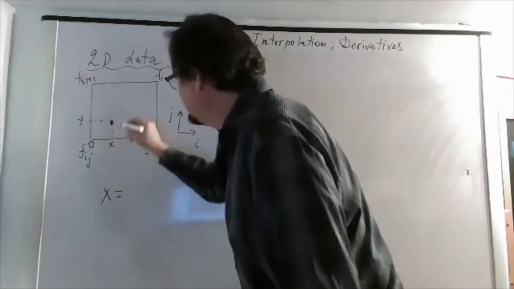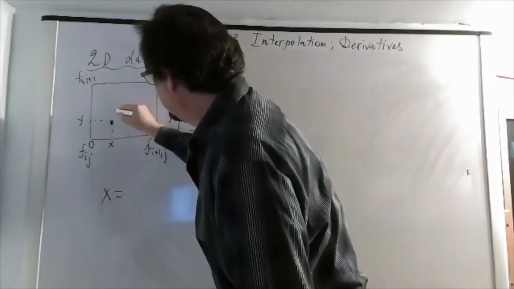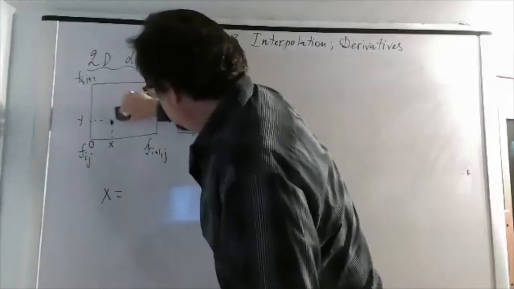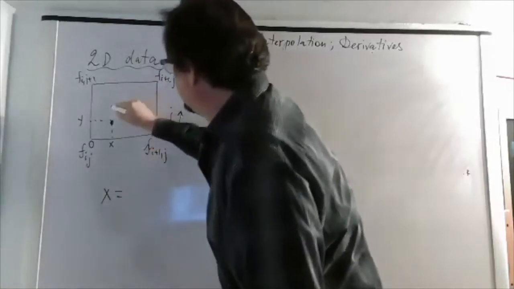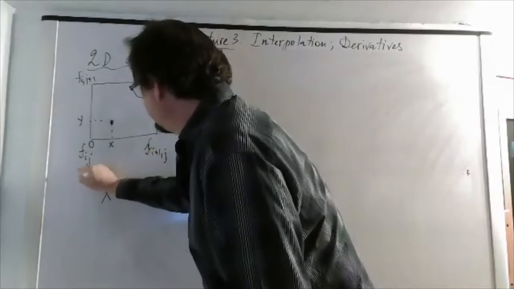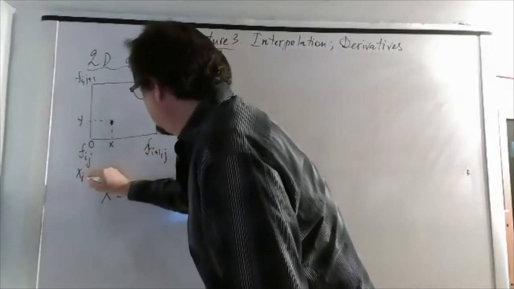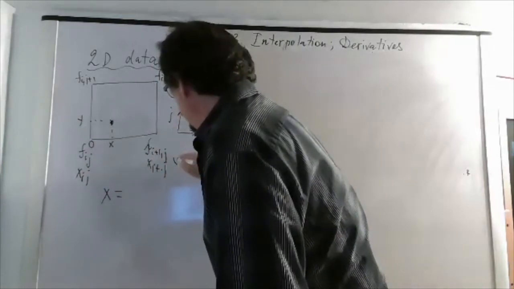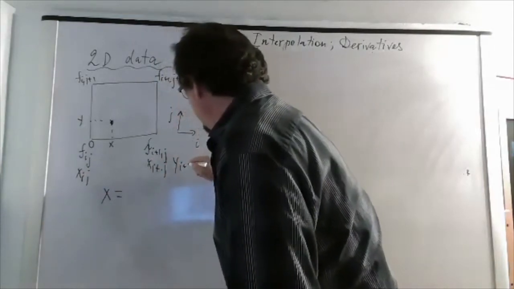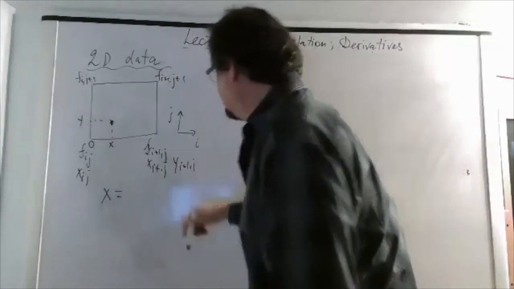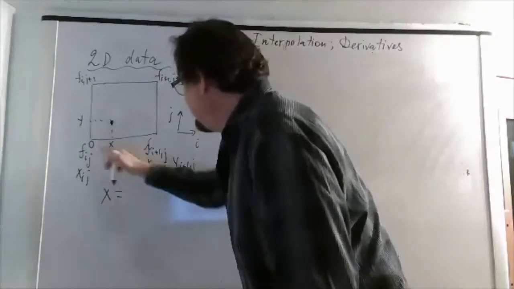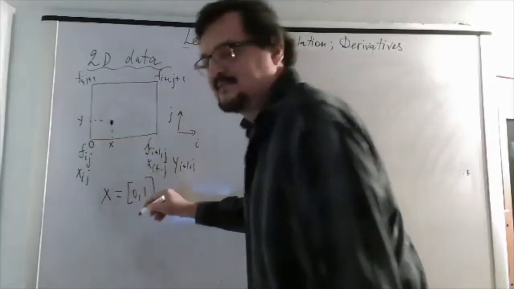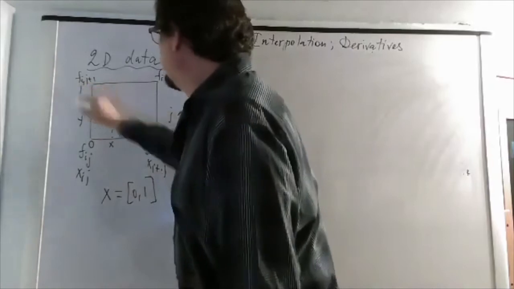The actual coordinates are x i,j, x i+1,j, and y i,j+1, and so on. You normalize them by these distances so that your coordinates go from 0 to 1, which is just convenient. So it becomes ones.